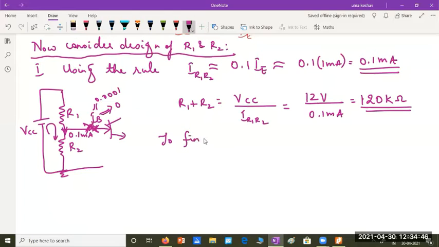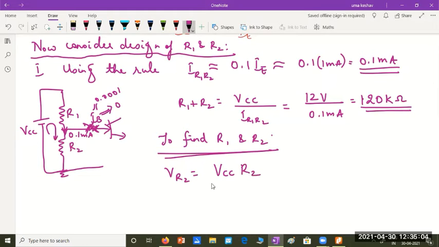Now I have to find R1 and R2. So to find R1 and R2, we know one more relation. What is the drop across VR2? This one. Total voltage into R2 by R1 plus R2. We know this voltage divider rule where the total voltage VCC will be split between R1 and R2 like this. So I'll try to use this. So why I'm using this equation?